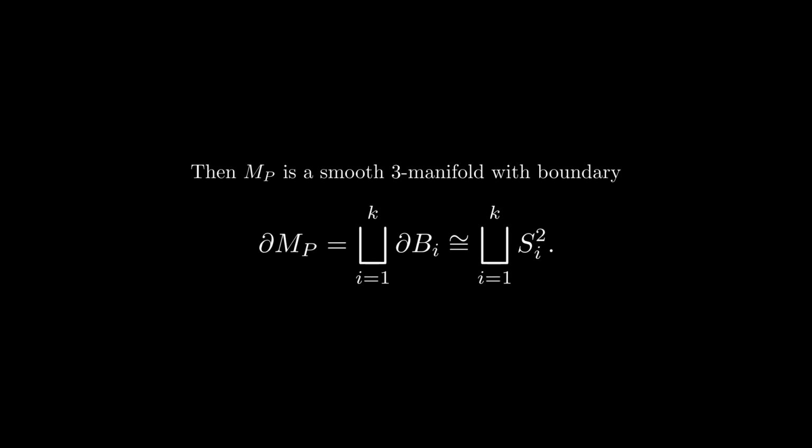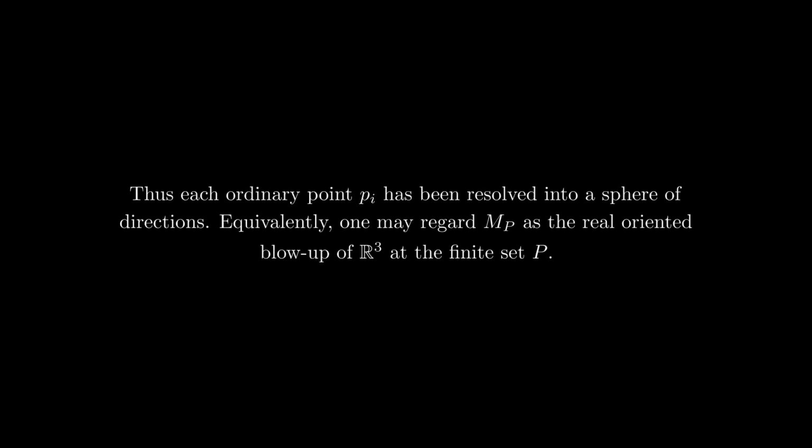Then you get a smooth three manifold with boundary with these balls. So we get the points resolved into spheres of directions. We can see MP as the real oriented blow up of R3 at the finite set P.